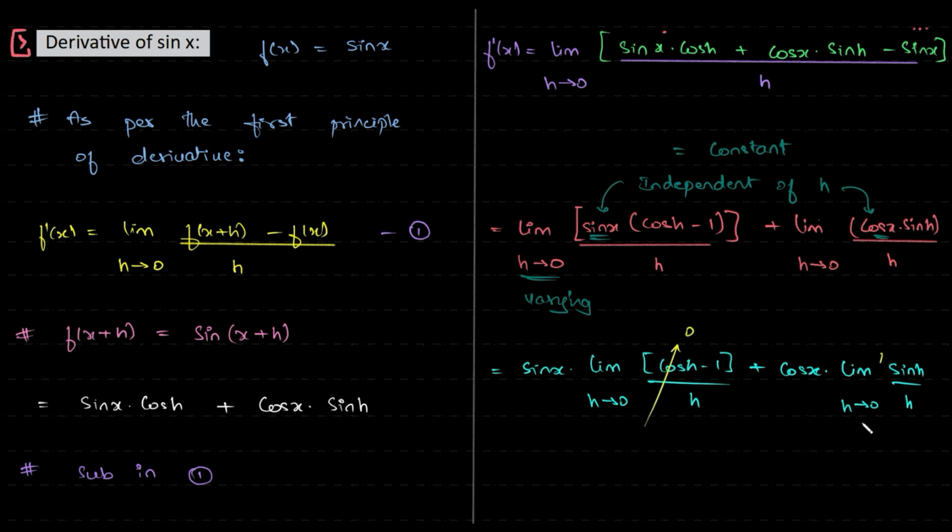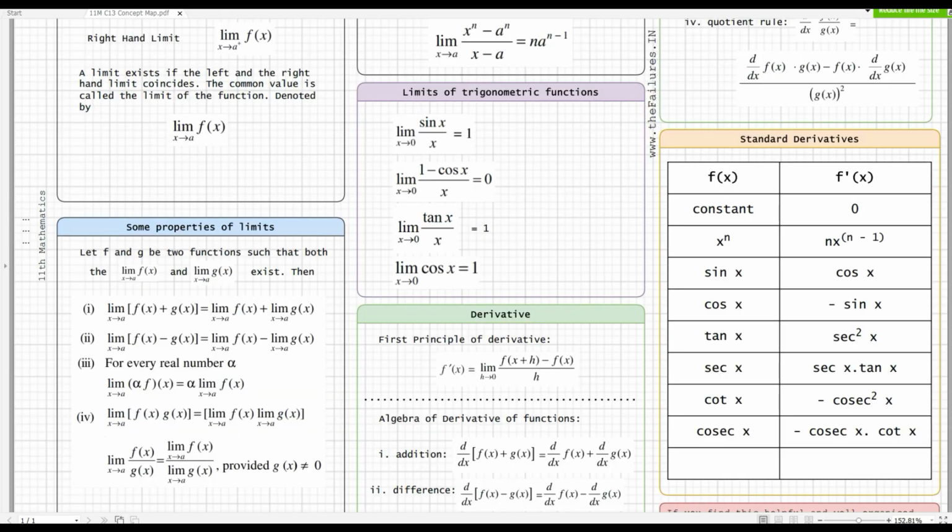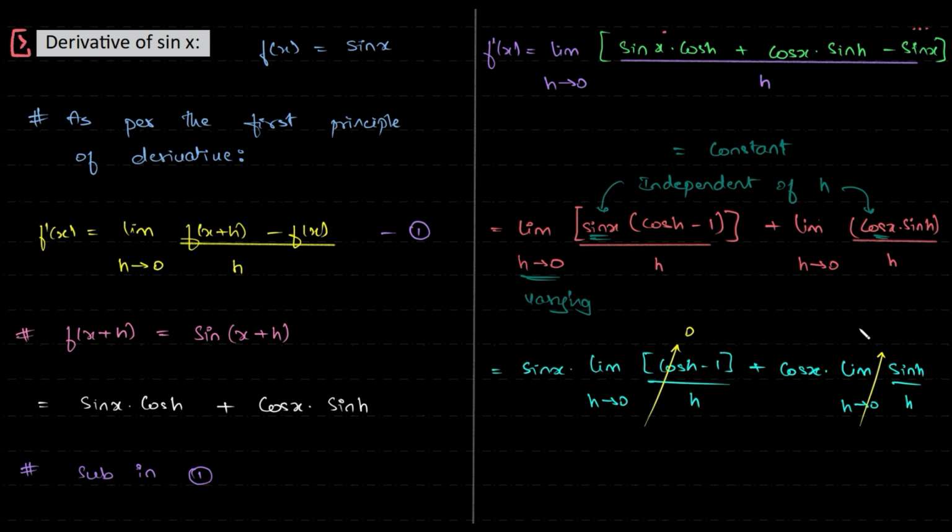This is nothing but 0 and this is nothing but 1. Yes, this is as per our standard results. So the first term is 0 and the second term will be 1. And 0 into anything is 0, and cos of x into 1 is cos x.